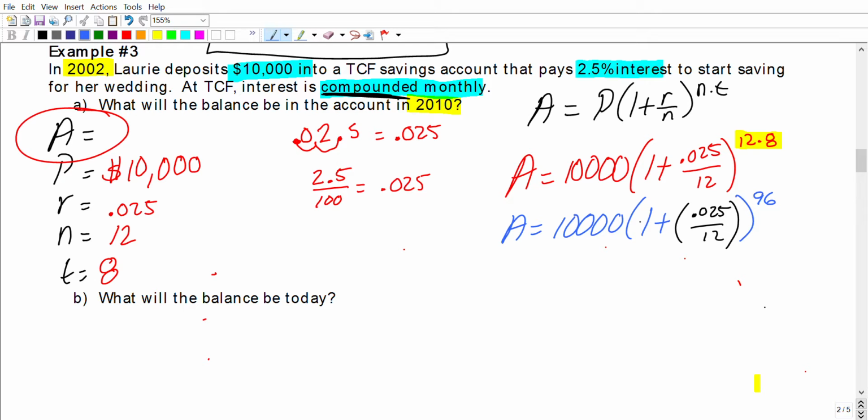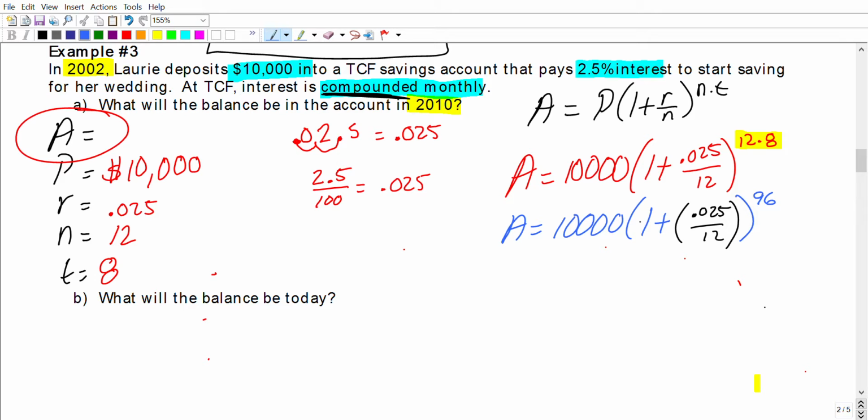10,000, open parentheses, 1 plus another open parentheses, 0.025 divided by 12, close parenthesis, raised to the 96.